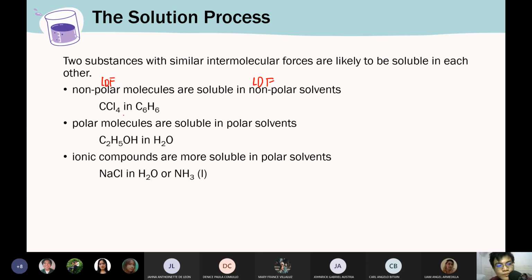Okay? Oh, you might be thinking, sir, 'di ba Cl is highly electronegative. So, paano siya naging nonpolar? Ito, recall lang tayo ha. Just in case lang na nakalimutan niyo. Kasi kailangan alam niyo siya. So, for CCl4, even though the CCl bond is polar, that's true. Considering the geometry, the molecules have the.